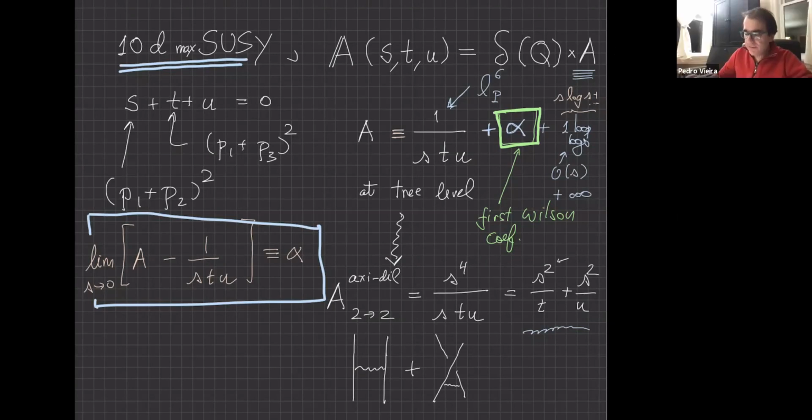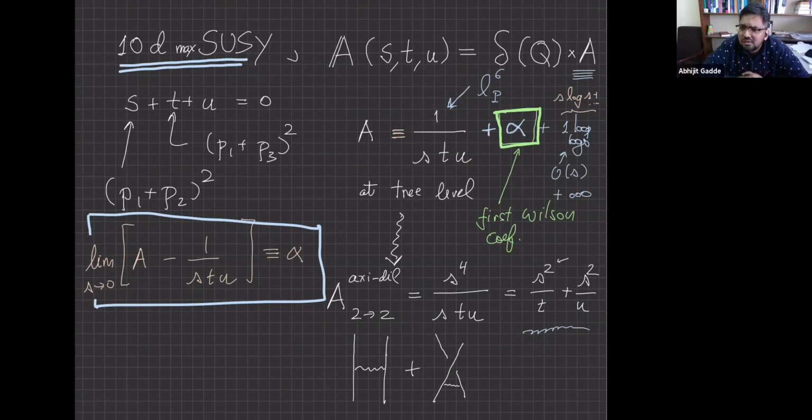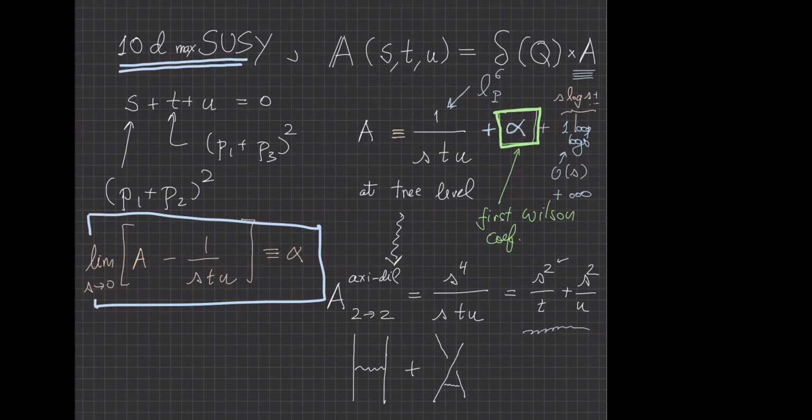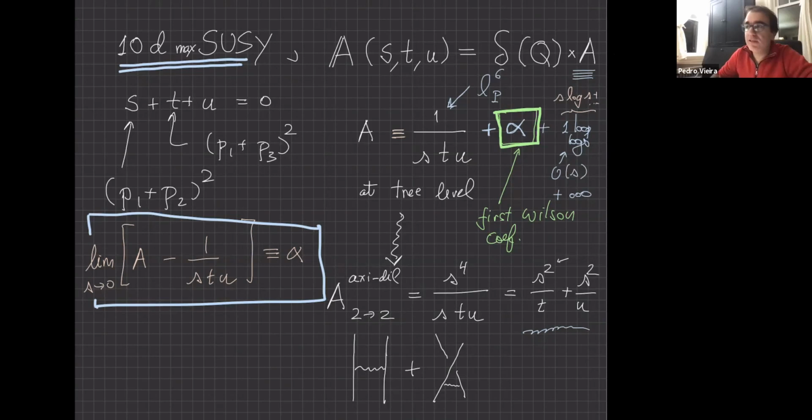Are you thinking of adding something like 1 over STU squared, the square of the first term? It would have lower dimension, but that's not local. No, not 1 over STU squared, but just 1 over s, appropriately crossing symmetrized. Yeah, s squared plus t squared plus u squared over STU.